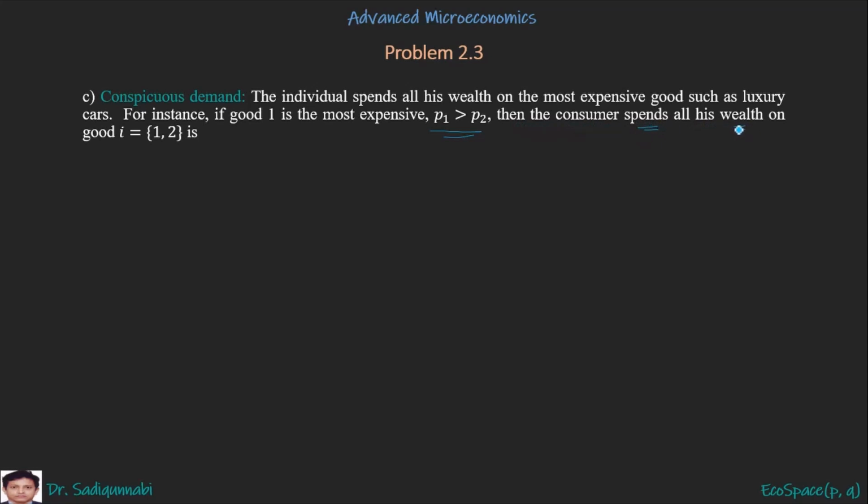So here's the definition of conspicuous demand. If Pi is greater than Pj, j not equal to i, the consumer spends all wealth on good i. If Pi is less than or equal to Pj, then he or she is spending 0.